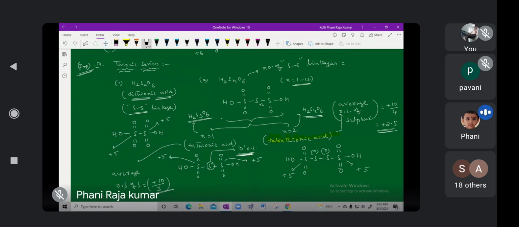So each compound we have to practice. Let us write individually. It is better to write individually. In dithionic acid, SS linkage is 1. Here, in trithionic acid, SS linkage 2. Here, in tetrathionic acid, 3 SS linkages are there. That point also important.